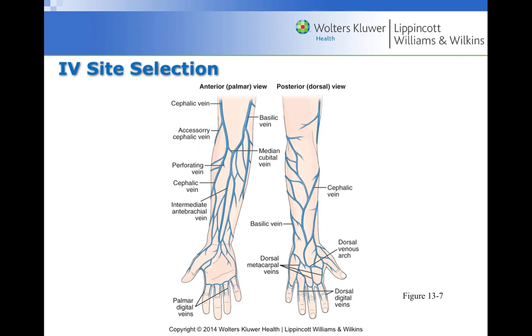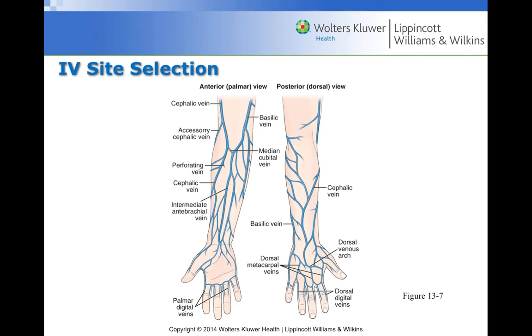The patient's age, size, and activity level. So if the patient's really active, we don't want to put it in the bend of their arm because it's always going to be beeping or being occluded. Patient's age, our elderly population, some of their veins aren't as good or as pliable as the younger generation. That is another factor.